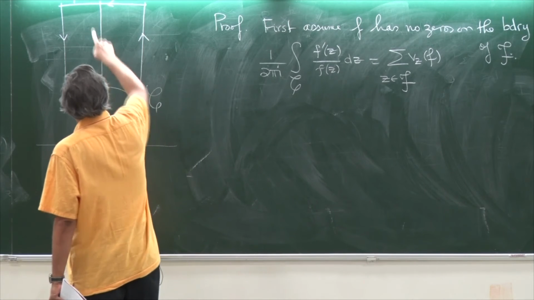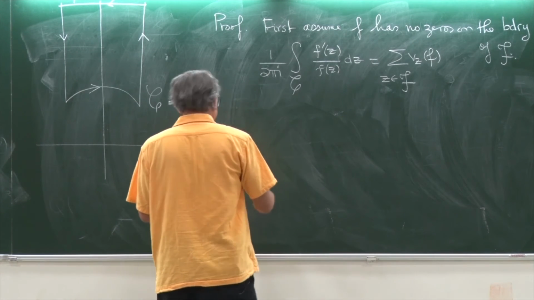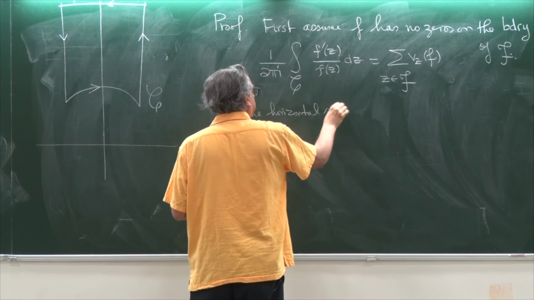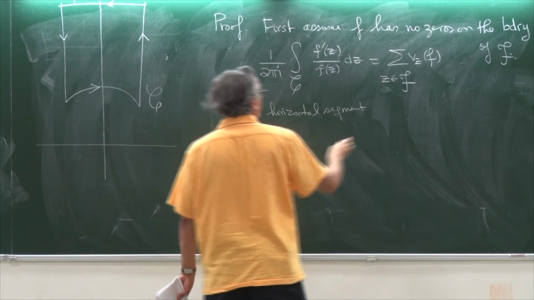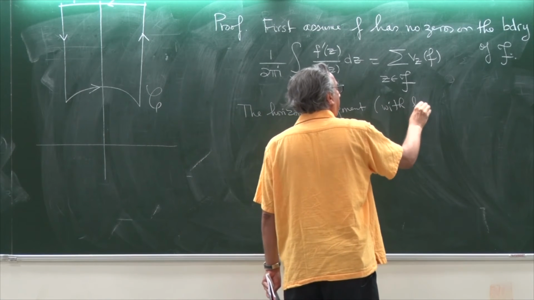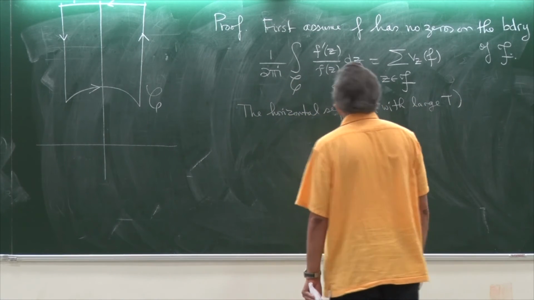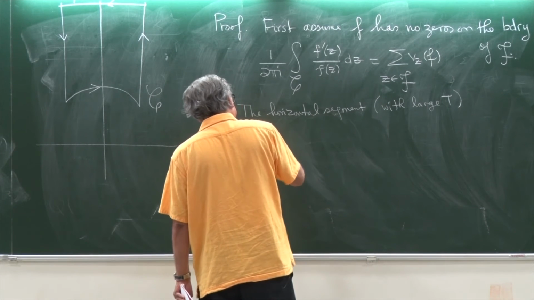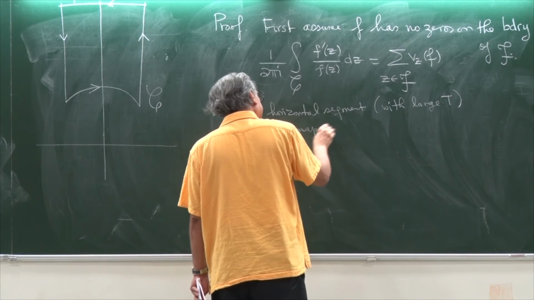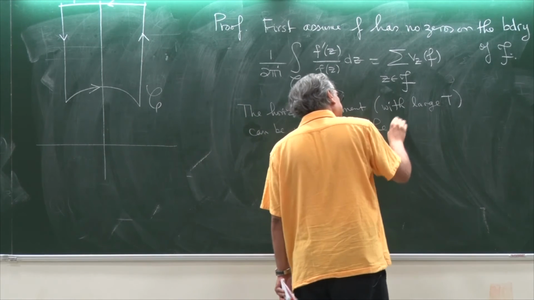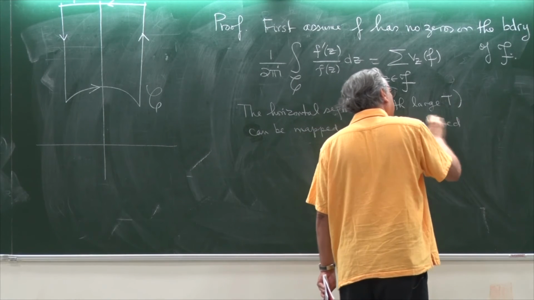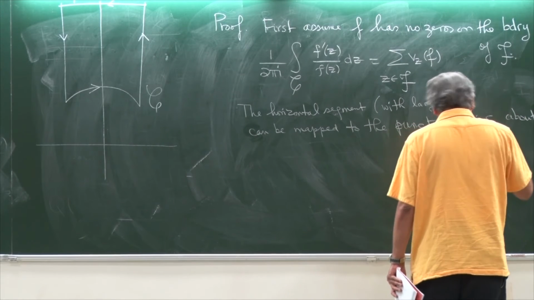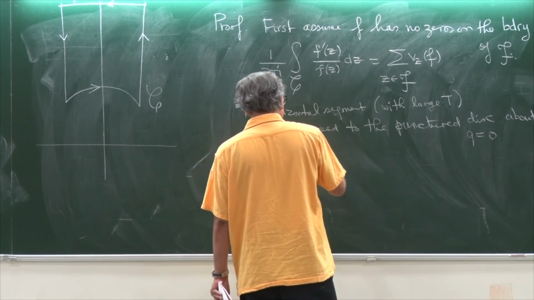Now the horizontal segment with large t can be mapped to the punctured disk about q equals 0 via the usual transformation z goes to e to the 2 pi i z.